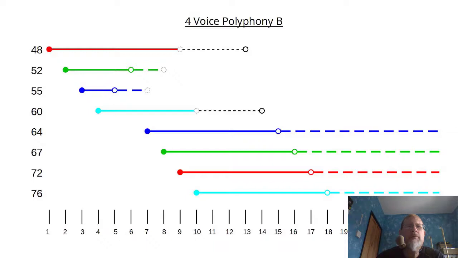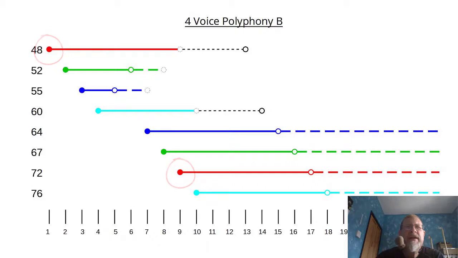So for 64, we take the blue note, and when we come to play note 67, we see the green voice is in its release phase, whereas the red and the turquoise are still being played, so we will take the green voice. And we play note 72, and at this point all voices are being used by notes played, so the red one is by far the oldest, so we take that.